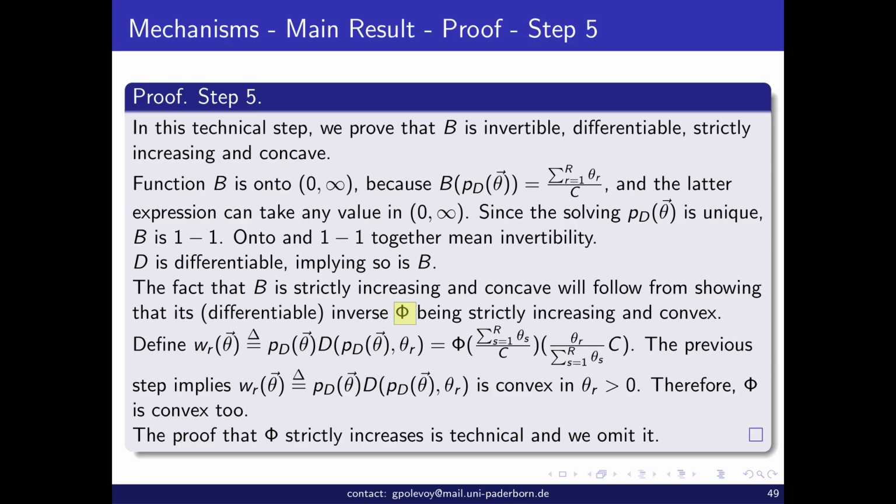It's differentiable because b is differentiable, we don't show that, but it's a differentiable function. Now we need to show that this inverse is strictly increasing and convex. That will imply that b is strictly increasing and concave.